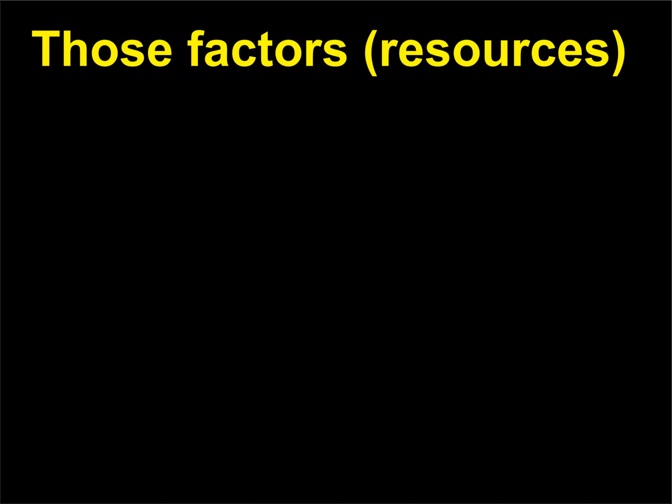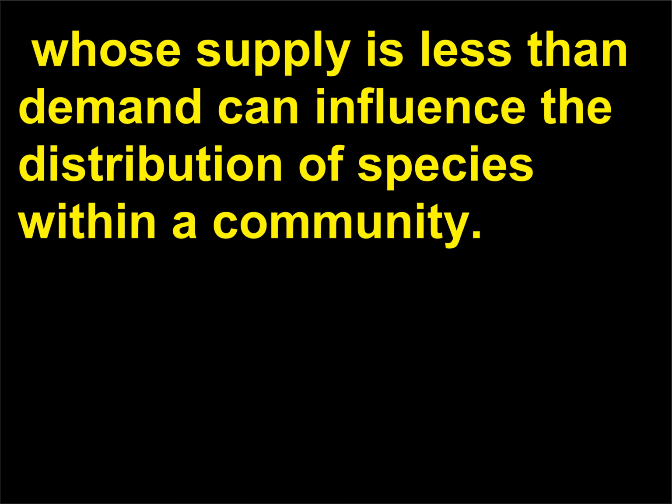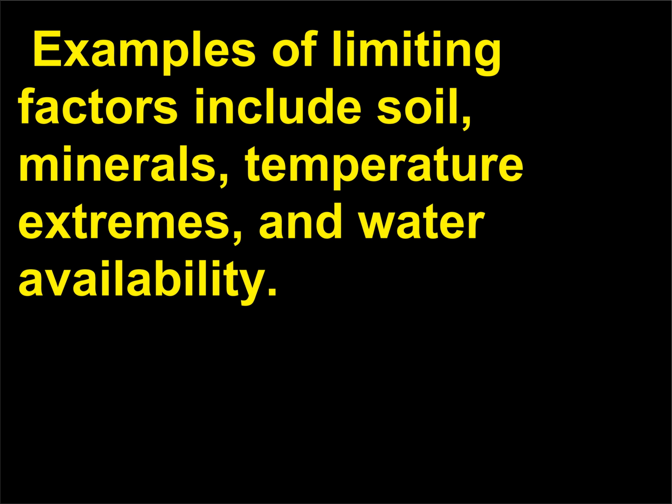Those factors, resources, whose supply is less than demand can influence the distribution of species within a community. Examples of limiting factors include soil, minerals, temperature extremes, and water availability.